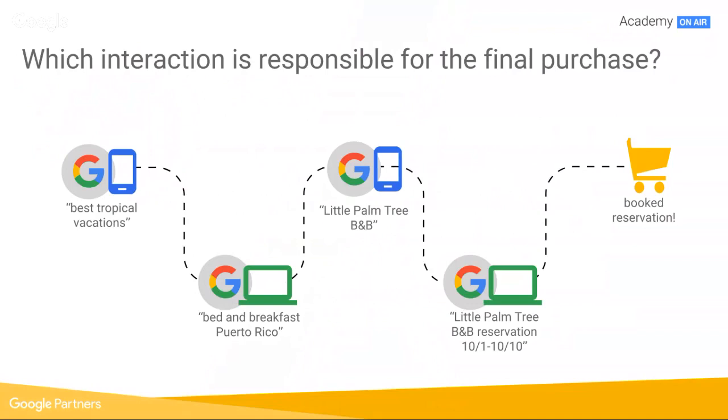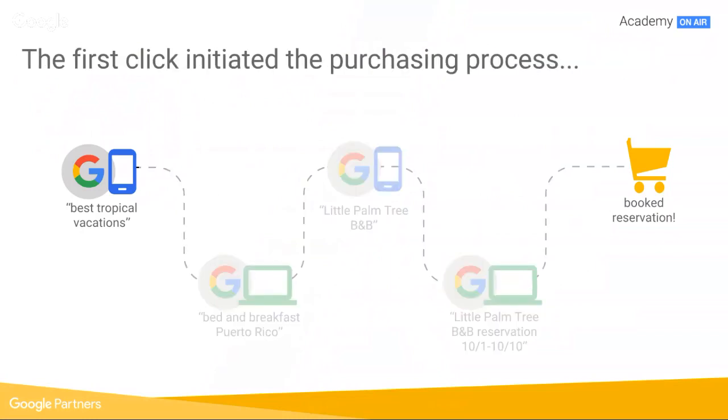So if it actually works, it should get a bump up. And all of a sudden, we have an assumption of where this purchase should give its credit to. In this case, it would be a bump up for the first and the last interactions, and all the interactions in between should get some credit as well.